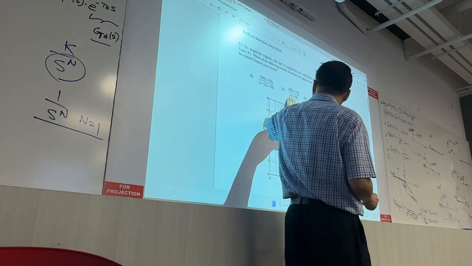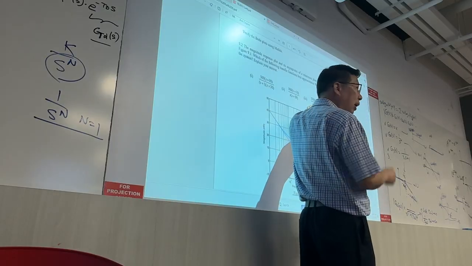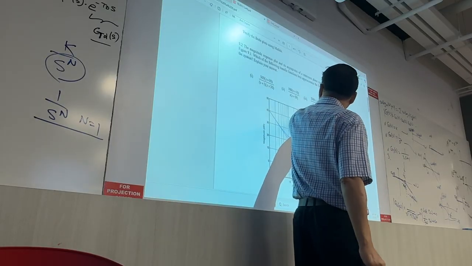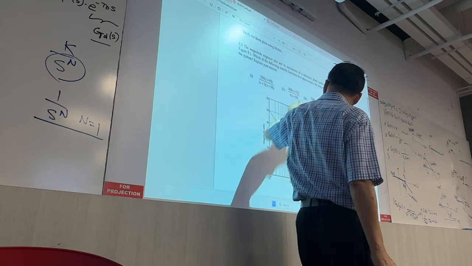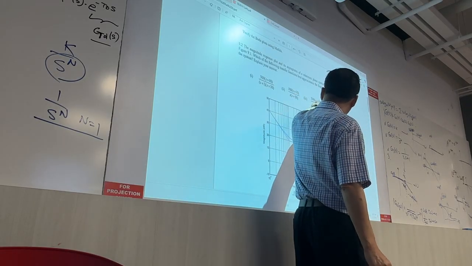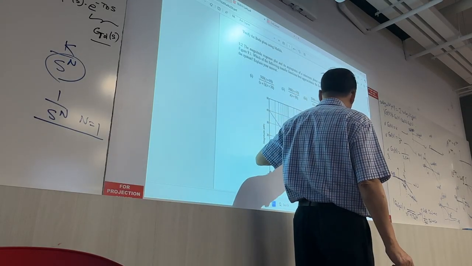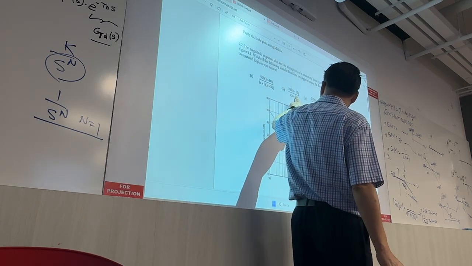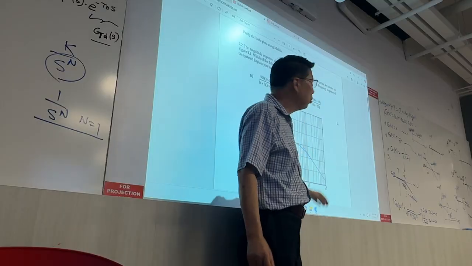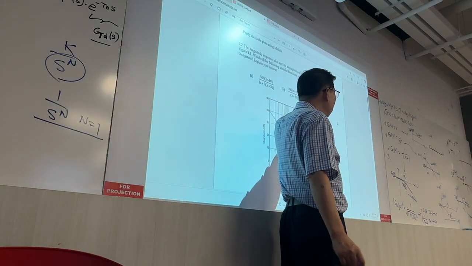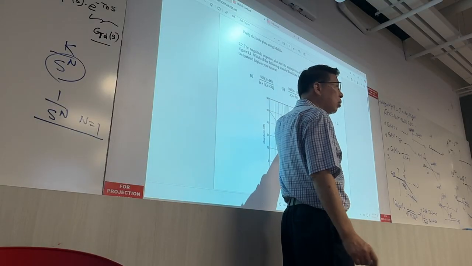Then the second one is 1 over s, 1 over s, both are possible. This one has a zero at 10, this guy also has a zero at 10. This guy has a pole at 50, and this guy has a pole at 50. So by looking at the poles and zeros, they are okay.